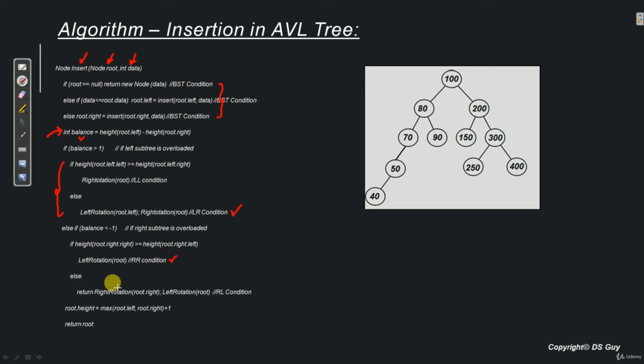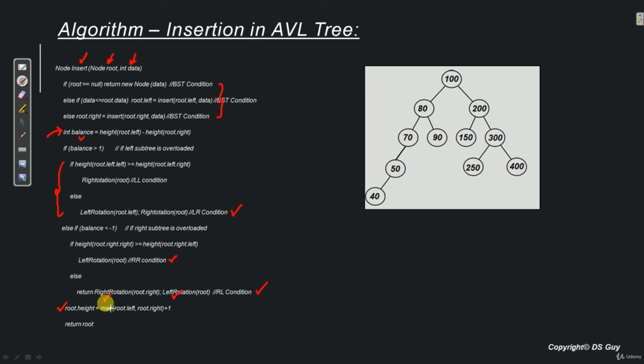Else it will be a right left condition, so we have to do a right rotation and then a left rotation. Now once all these rotations are done, we have to adjust the height of the root. So we'll say max of left and right. Whatever is the maximum of them, we add 1 to that and assign it to the root's height. Fine. So I hope you have understood the algorithm of insertion.